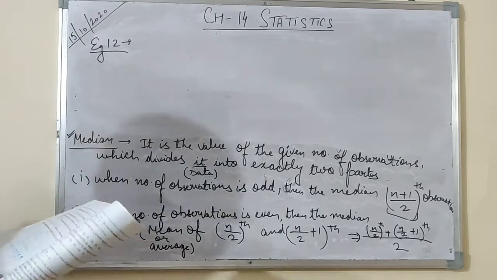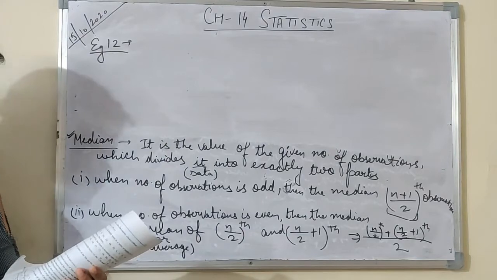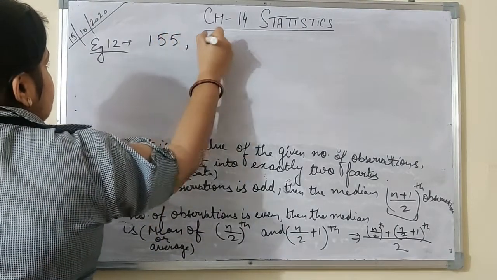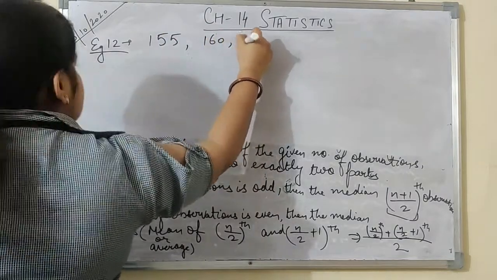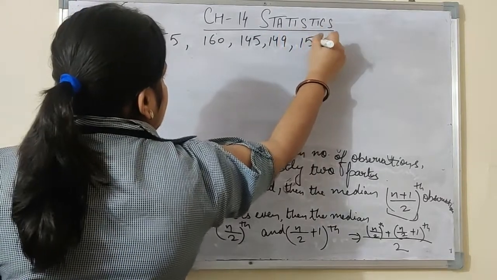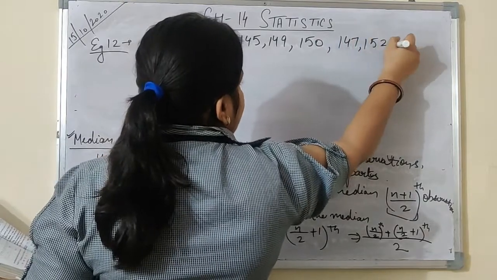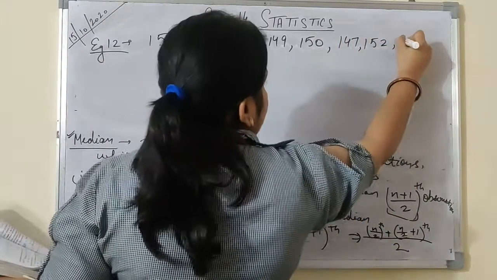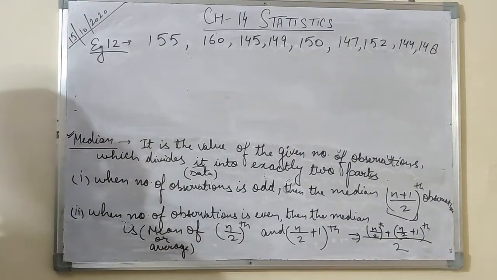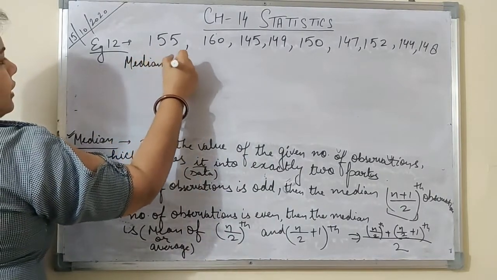It is given that the heights of 9 students of a class are as follows: 155, 160, 145, 149, 150, 147, 152, 144, 148. We have to find the median of our given data.